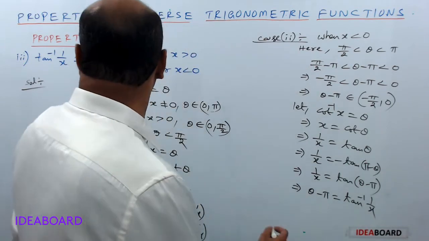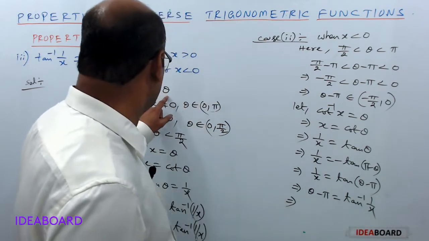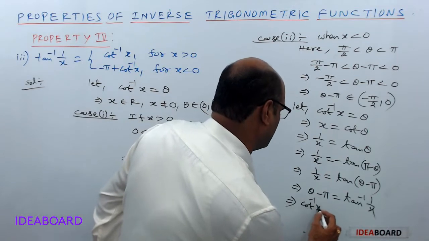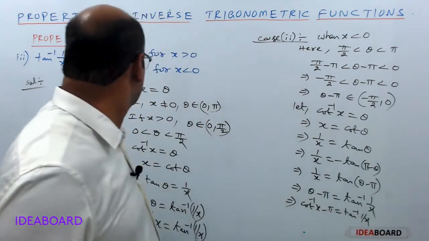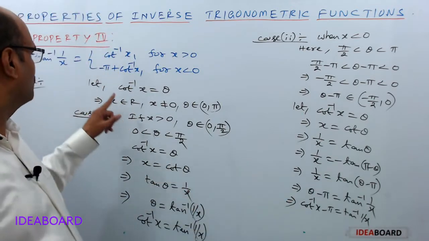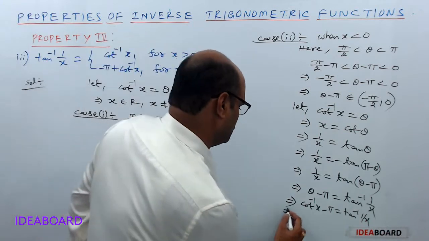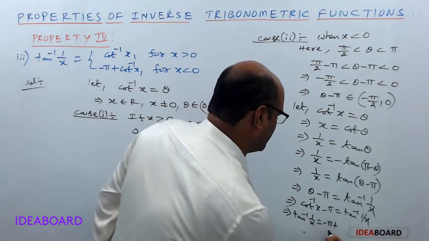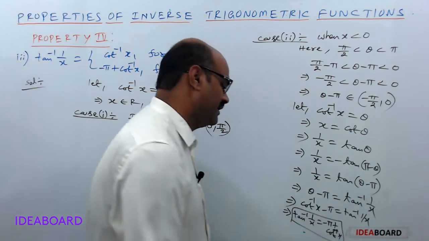Therefore, theta equal to, we have cot inverse of x. So, cot inverse of x minus pi equal to tan inverse of 1 by x. Therefore, tan inverse of 1 by x equal to minus pi plus cot inverse x. Hence proved.